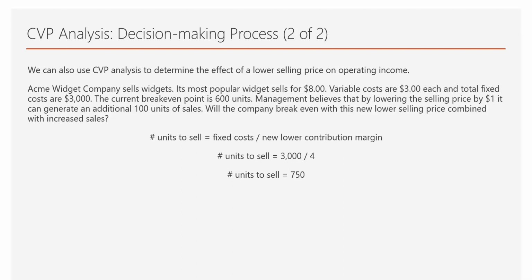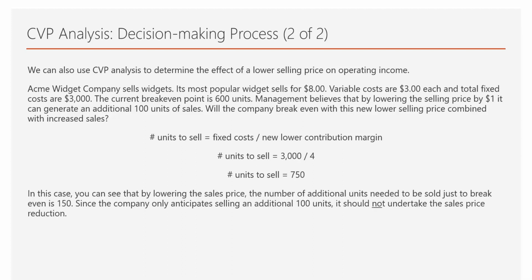So if I take those $3,000 of fixed costs and divide that by my new lower contribution margin per unit of $4, the number of units I'm going to have to sell is 750. So in this case, you can see by lowering the sales price, I have to sell another 150 units just to break even.